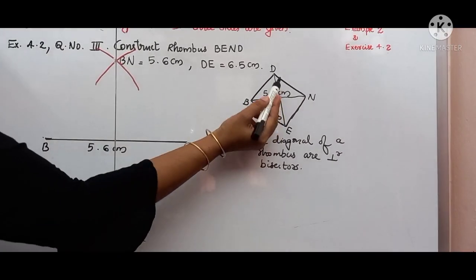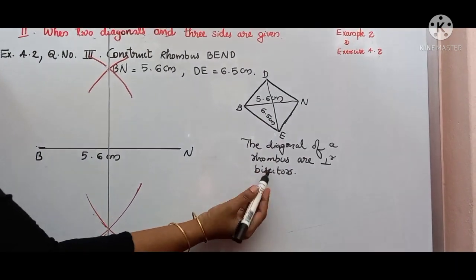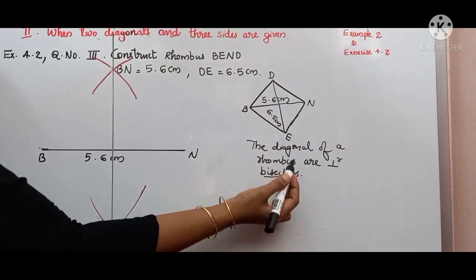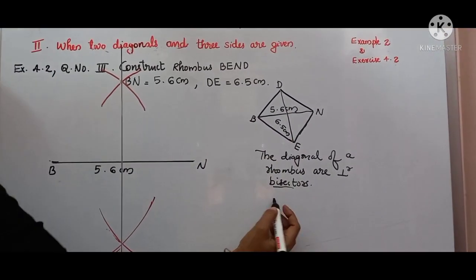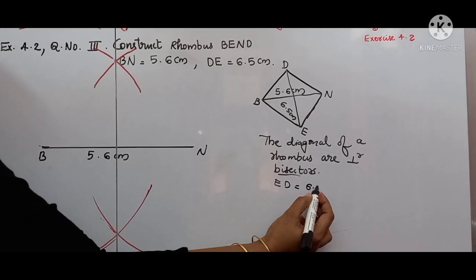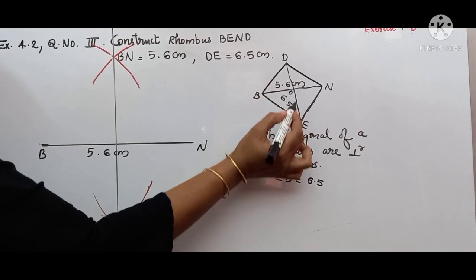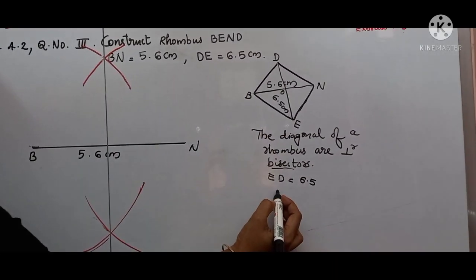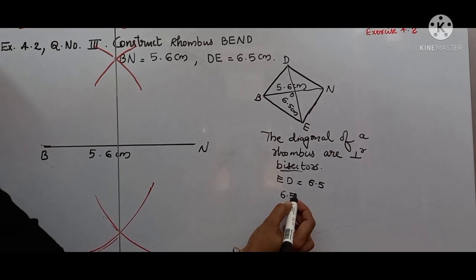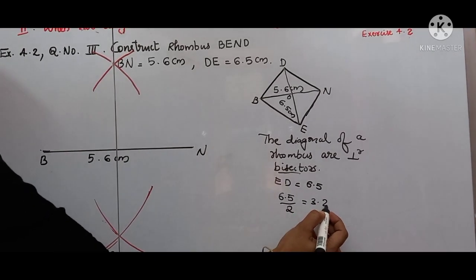Then see, these diagonals are perpendicular bisectors. Bisecting means making this into two equal parts. That means total 6.5. ED is equal to 6.5. Then pointing from the point O, OD is equal to half of this ED. Then we can write half of ED is 6.5 divided by 2. That is equal to 3.25.